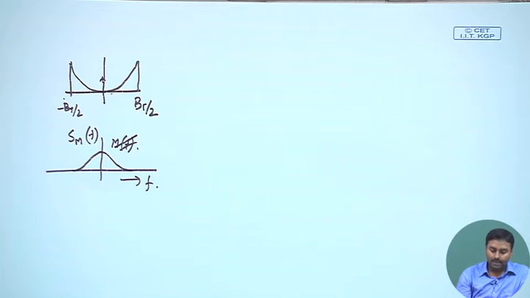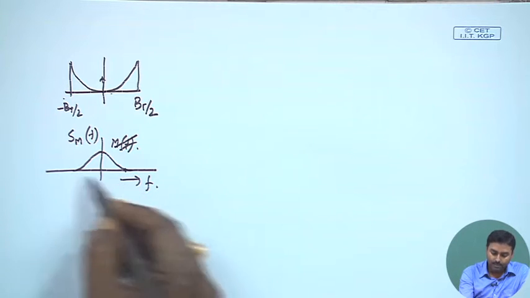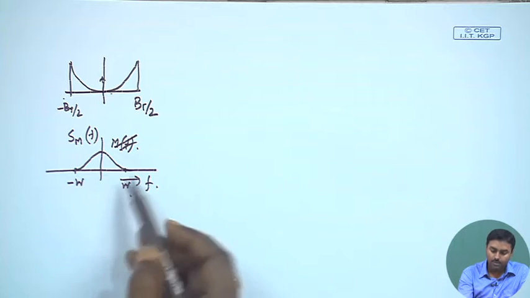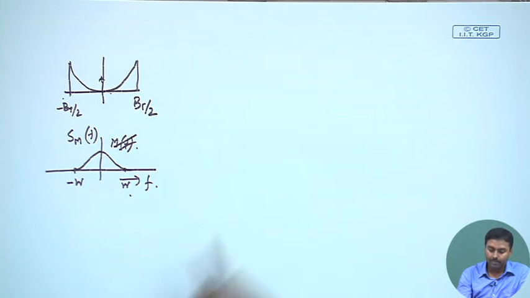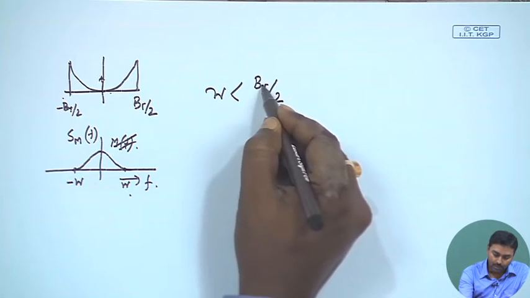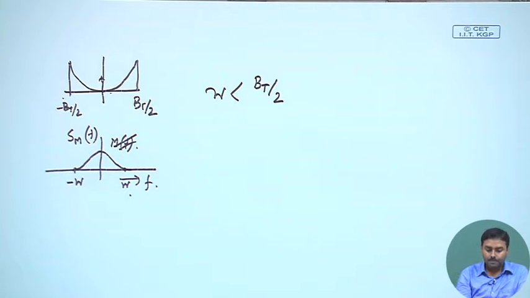We know that it is band limited, probably that is the band, minus W to plus W, and of course, W must be less than Bt by 2. That is a condition which generally happens, we have already shown that. This Bt is actually the actual FM bandwidth, whereas W is the message signal bandwidth. So, FM bandwidth is always greater than W, that is something we know.